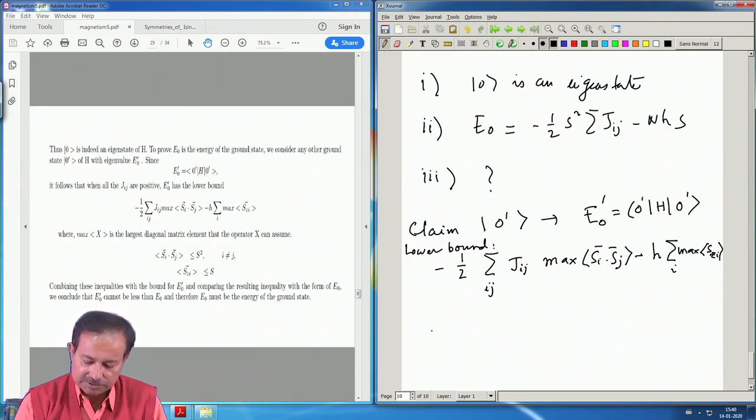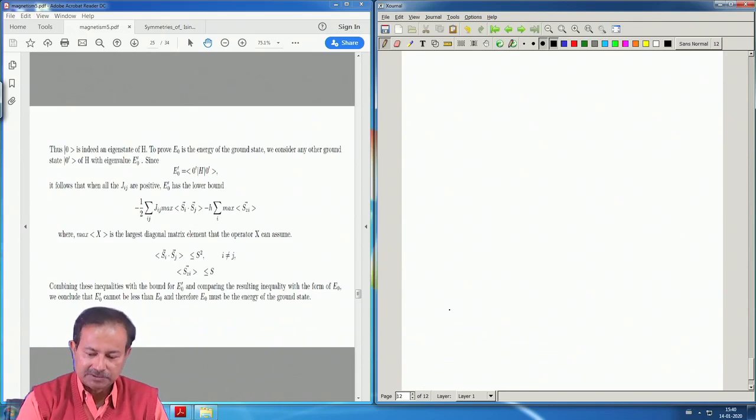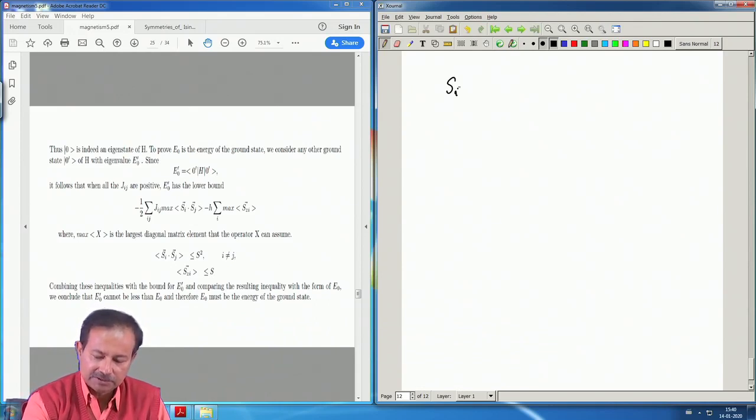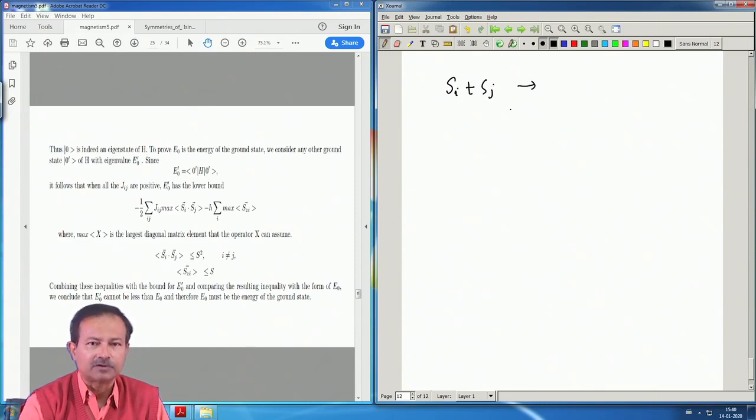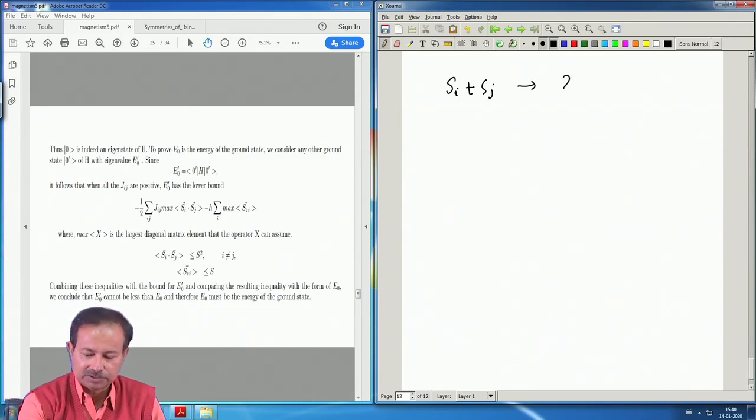So, what is this maximum of S_i dot S_j? That requires some calculation. Let us outline how you do it. Remember S_i plus S_j: both of them have spin S, so the maximum they can have is 2S.